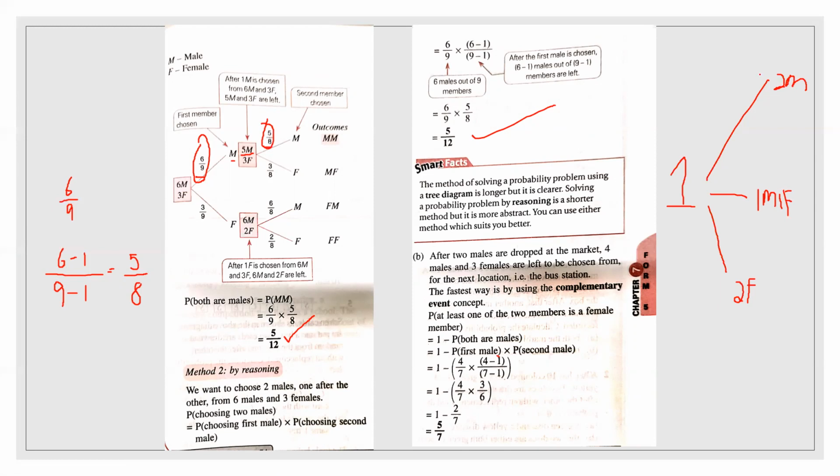The first one has no female, so I don't want it. So I take 1 minus this one. Then I have 1 male 1 female, and 2 female left. Okay, get it? So this is how you do it with complements. So the answer for at least one female member is 5/7.